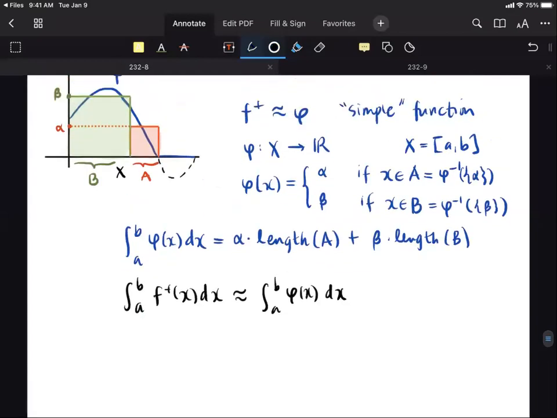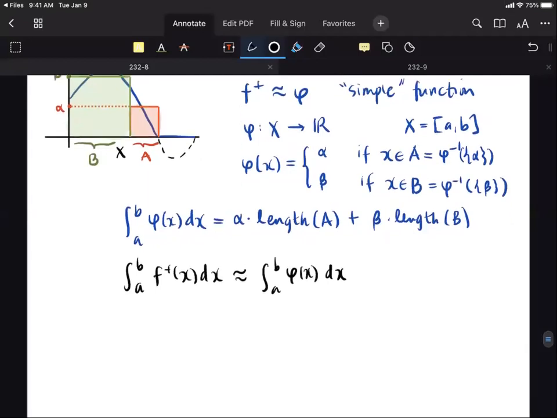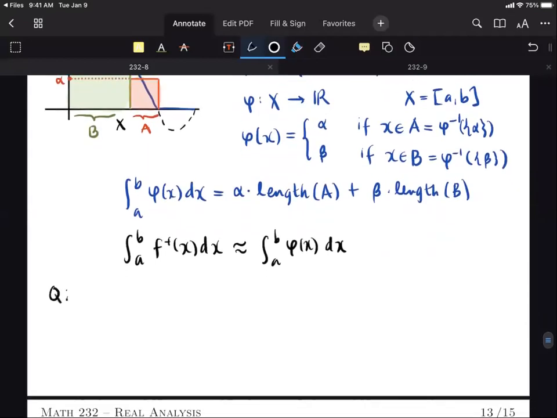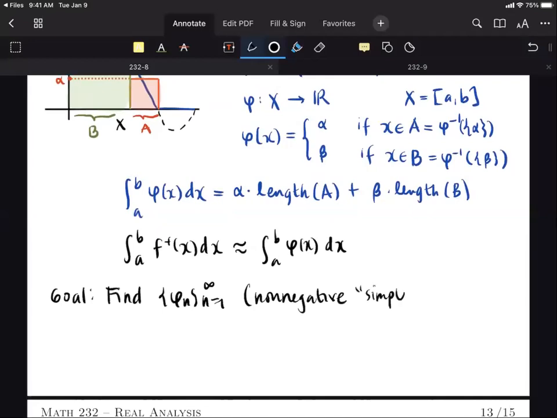So the question is, can we find, or the goal is to find, a sequence of non-negative simple functions such that the simple functions tend to, or converge to, your positive part.